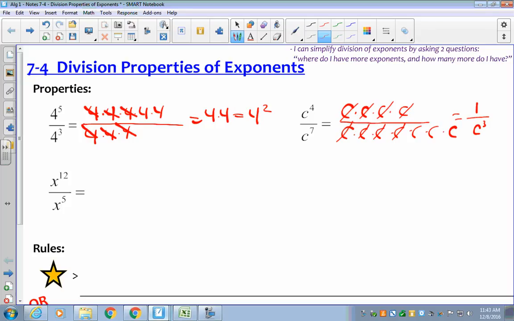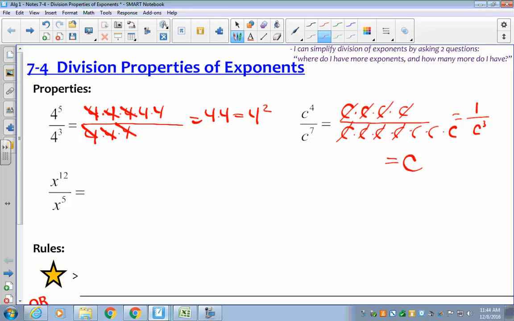Now, how would I write that as a negative exponent? I'm going to write 1 over c cubed as a negative exponent. So when we pull up, what do we got, Connor?